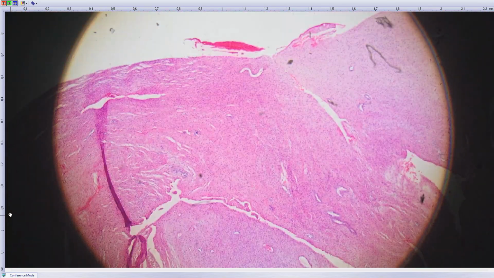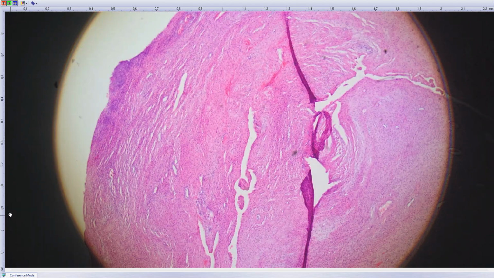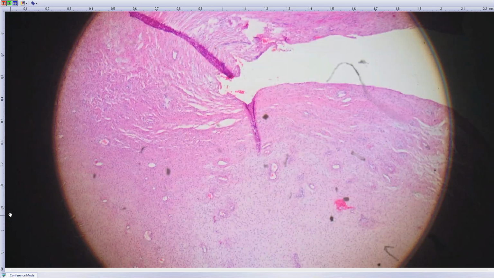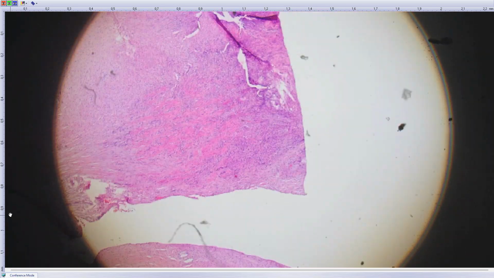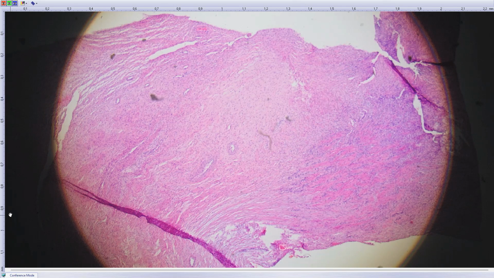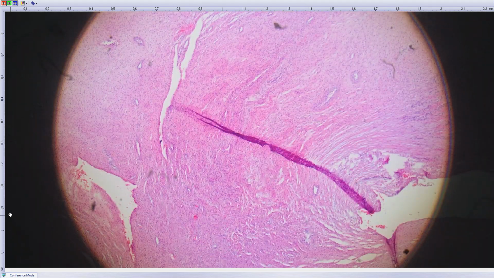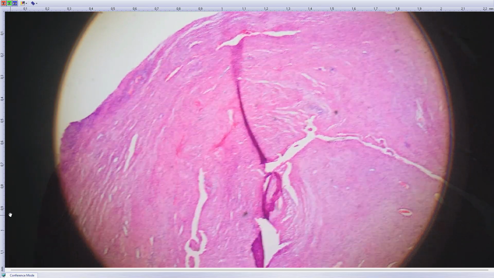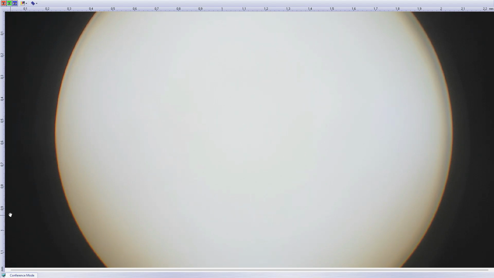I was also wondering whether this could be just reparative changes after some trauma, but it was weird. It was a 5 centimeter polyp, but we just didn't know how to call it. Every molecular test was negative, so we called it descriptively, potentially mesenchymal or probably mesenchymal tumor. We don't see any features of malignancy, but we don't know what it is. So basically, we said follow the patient carefully.